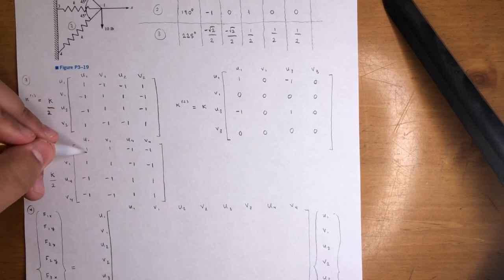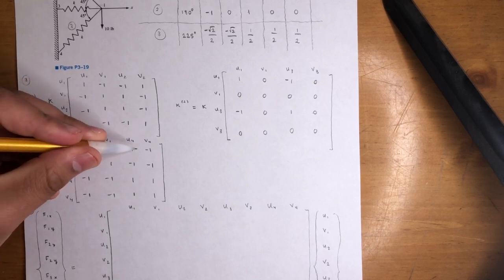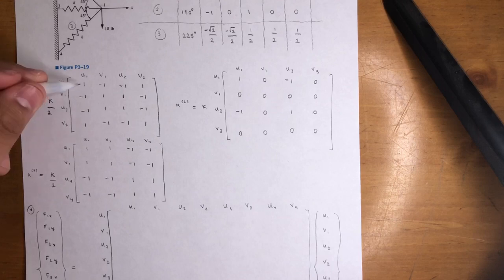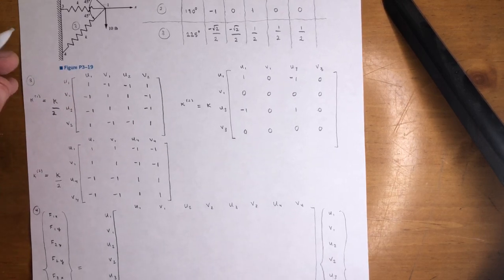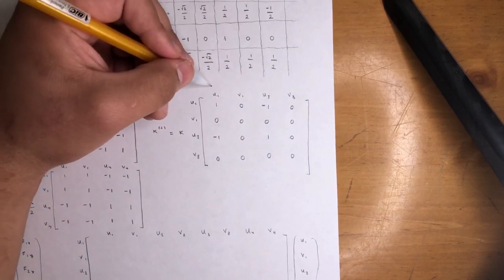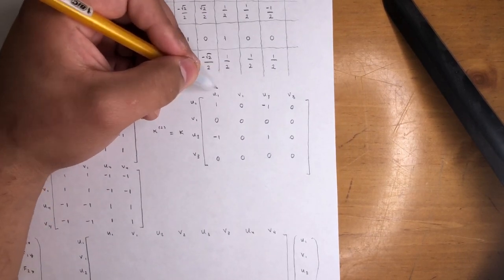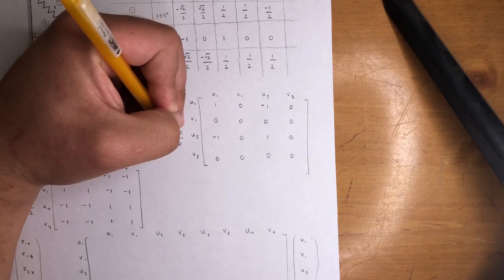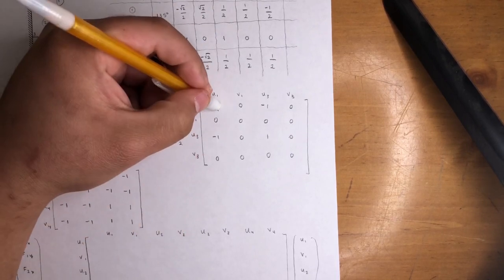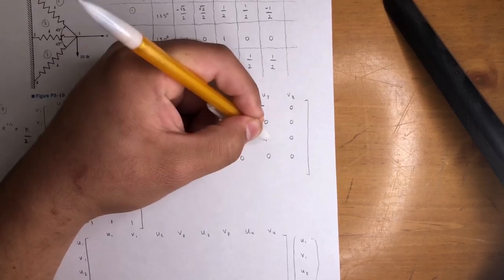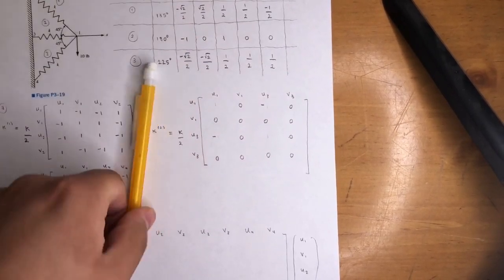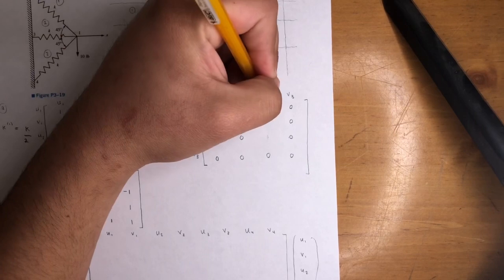But the thing is, you're going to have 1 half, 1 half, negative 1 half, negative 1 half. Everything's going to be in terms of half here. I don't like dealing with fractions. That's just me. So what I'm going to do is multiply everything in here by 2, and then divide this by 2. So this is just going to become a 2, negative 2, negative 2, and 2. Okay, so that's all it is.